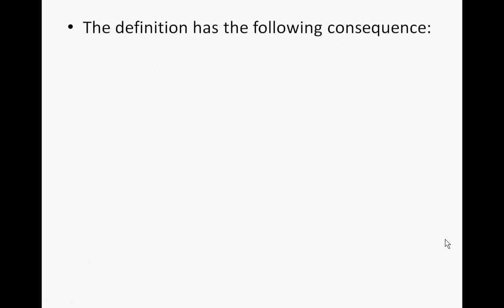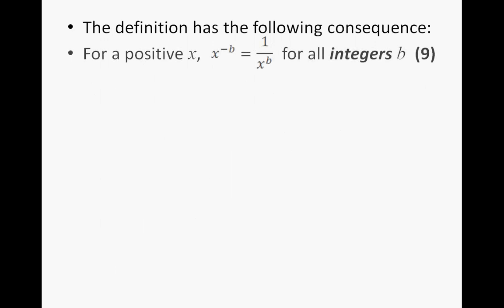All right, so the definition has the following consequence. For a positive x, x raised to the opposite of b is equal to 1 over x raised to the power of b for all integers b. Okay, so this is going to be our equation number 9.